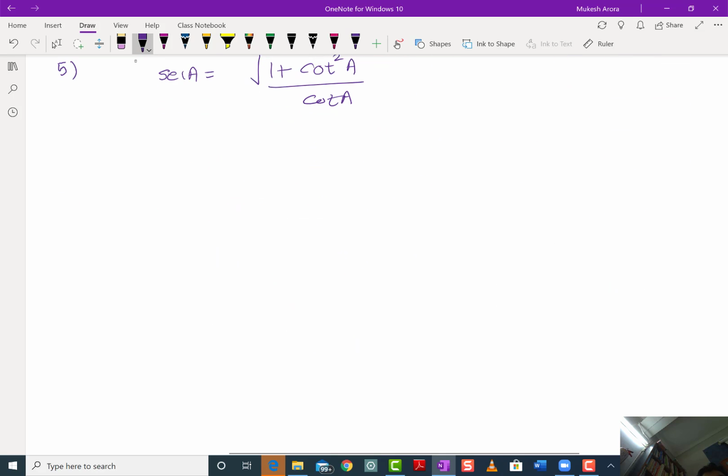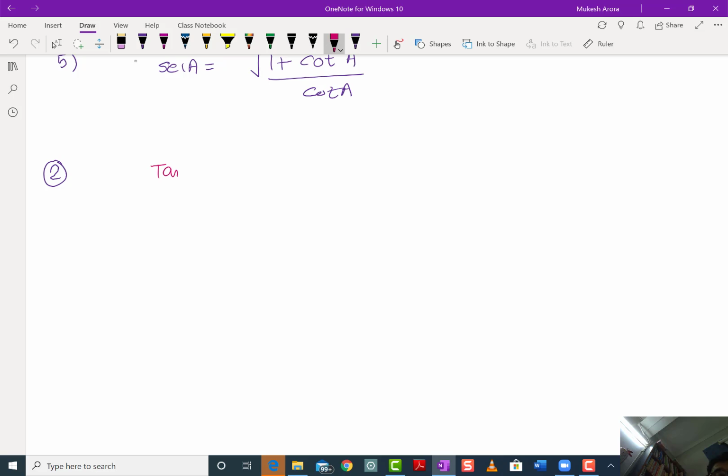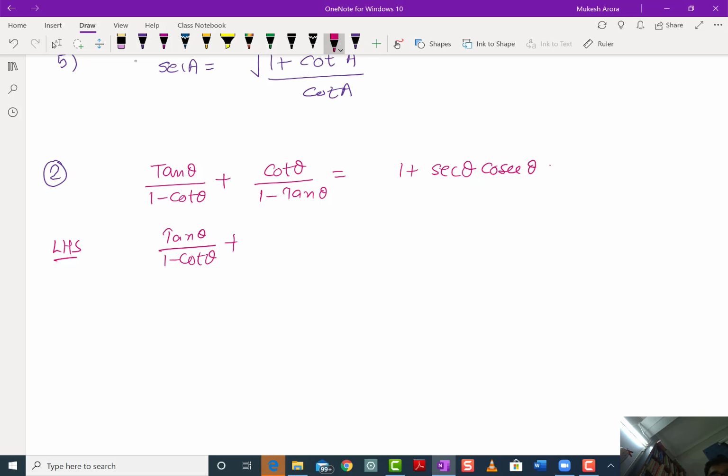Now the next sum is tangent theta upon 1 minus cot theta plus cot theta upon 1 minus tangent theta is equal to 1 plus secant theta cosecant theta. Left hand side: tangent theta upon 1 minus cot theta plus cot theta upon 1 minus tangent theta.